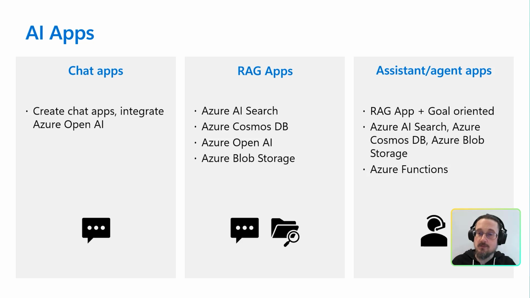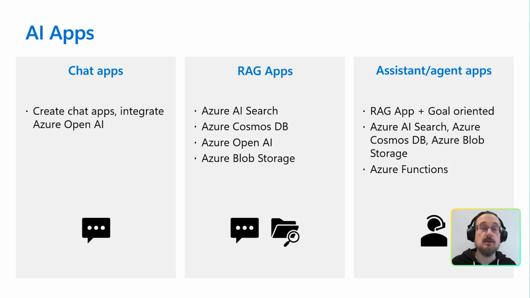Now, thirdly, you might have a bit more advanced AI app, a so-called assistant, or a simple type of agent. But agents can also be very complicated. They could be goal-oriented and very autonomous. But what happens here is that we combine the skills of different AI apps. So we give them the capability to run functions on our behalf, to do RAG, Retrieval Augmented Generation.